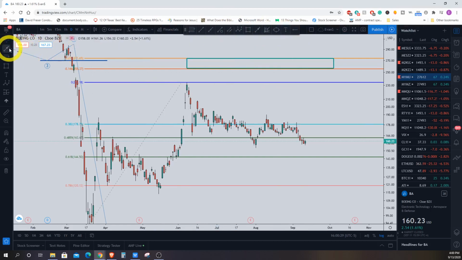So if this is going to be a valid setup, then what we're eventually expecting to happen is for price to continue its move up right there. And the target we'd be looking for would be around $255. So that is the daily long setup for Boeing that it is currently in right now.